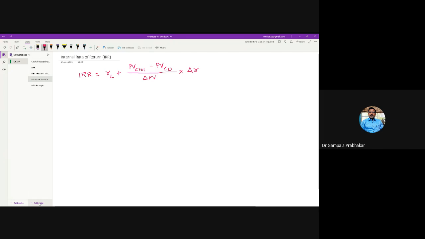So for the internal rate of return, first of all we have to calculate the factor value. After calculating the factor value only, you can go for the internal rate of return calculation. The factor value you can calculate by using the total outflow by number of years.